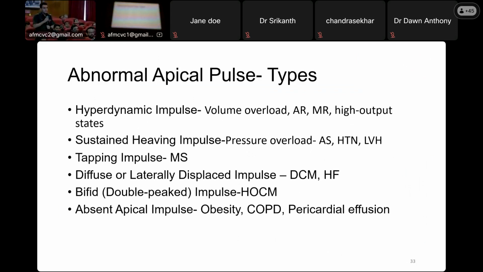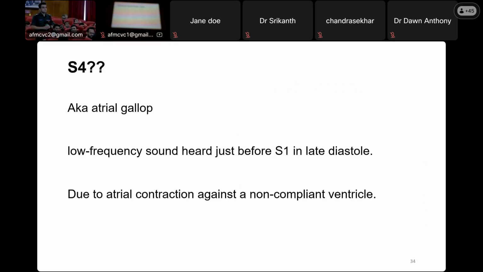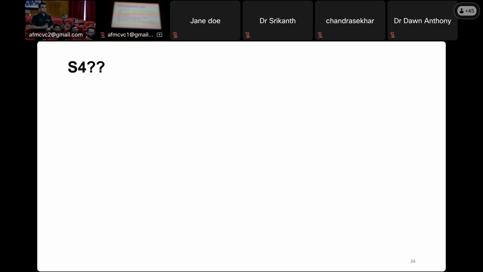Physiological causes are after exercise. Pathological can be in sepsis. No, what type of pulse? One is we say the apical impulse is normal, a gentle tap. And what are the other kinds of pulse? Just display this slide, please.